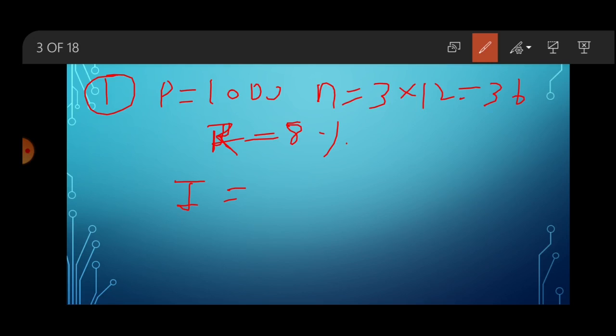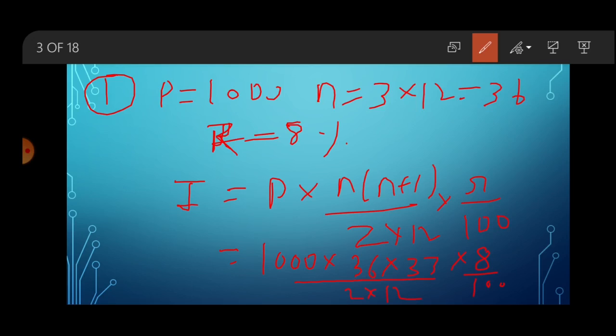Now I is given by P into n into (n plus 1) by (2 into 12) into r by 100. Now I will replace all the values. P is replaced by 1000, n is replaced by 36, n plus 1 will become 37, r will become 8 upon 100, and here you get 2 into 12.